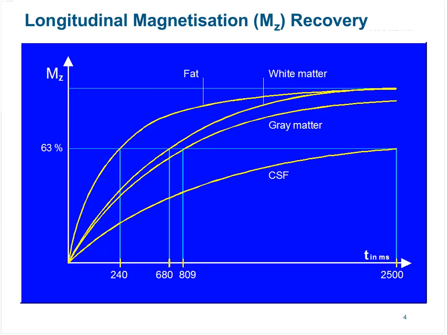For fat, white matter, gray matter and CSF in the brain, we have different relaxation timings, and all the tissues relax to their initial amount of Z magnetization with this scheme. So we can see that the fastest recovery is CSF, and the slowest is the fat tissue.